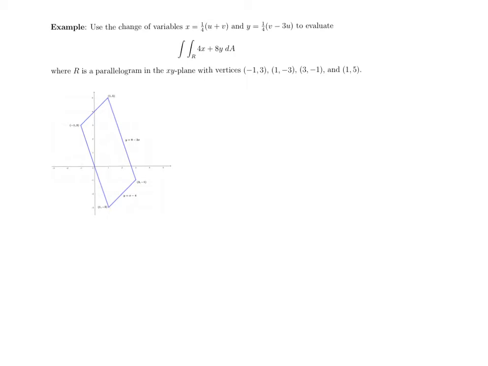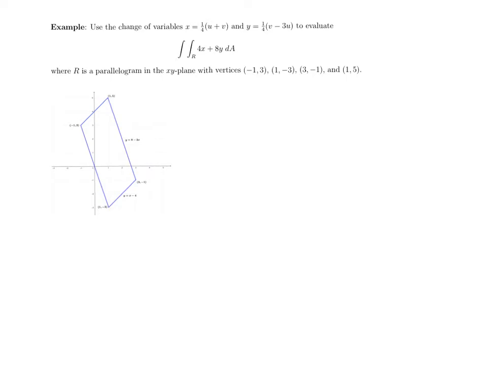Now remember, the reason we want a change of variables is that for some reason this integral is maybe difficult to evaluate directly. That could be because the function is difficult to integrate, or the region is not something that we can conveniently describe. And this certainly falls into the latter case, where the region is just not all that simple to describe if we're thinking of type 1 and type 2 regions.